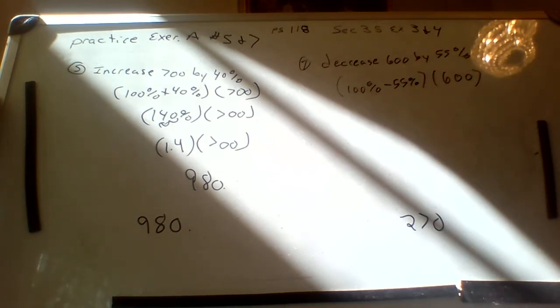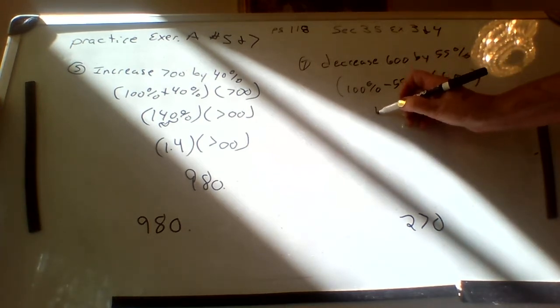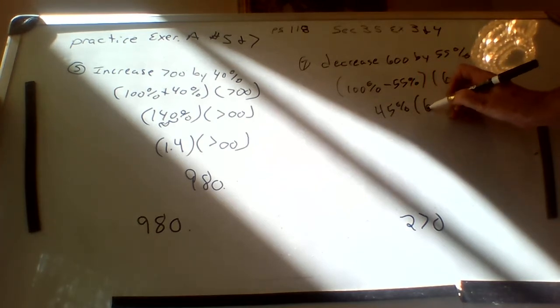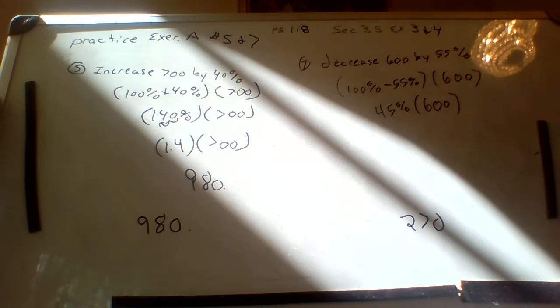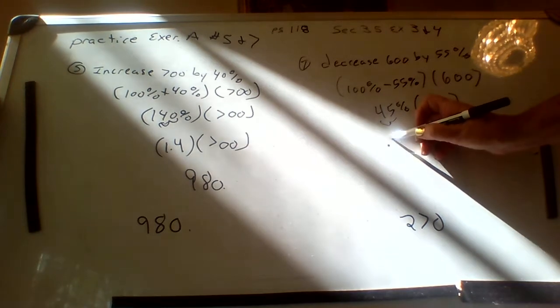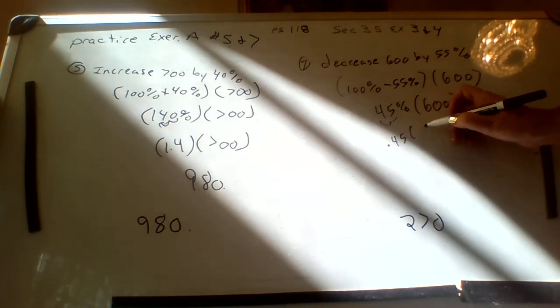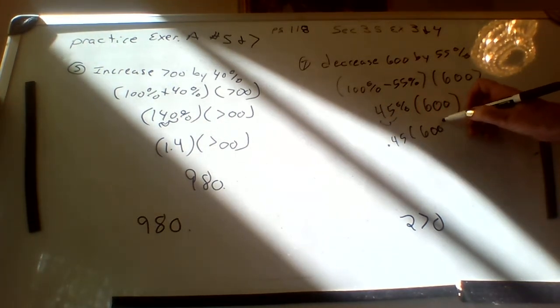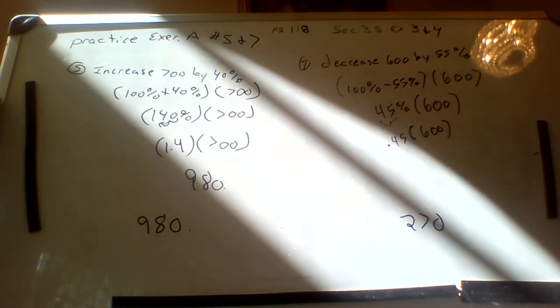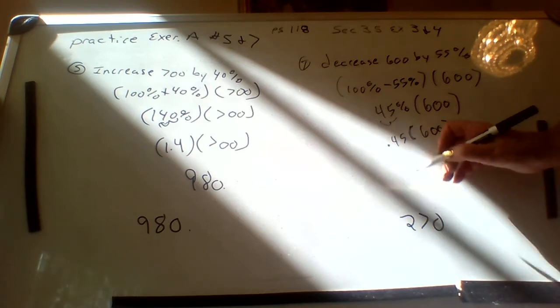And 100 minus 55 gives us 45% times 600. Okay. Again, you can make that into a decimal by moving it over 2 places. So you get 0.45 times 600. And when you multiply that out, you get the 270.